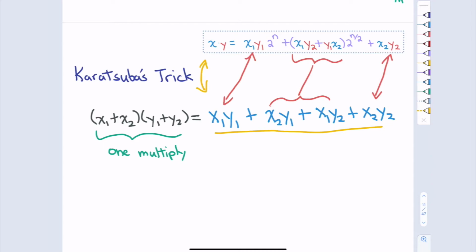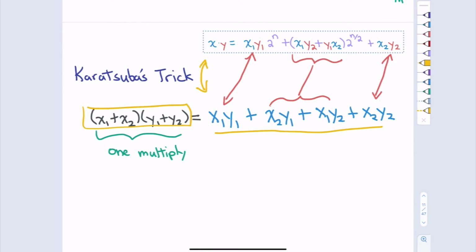I guess you could add before you multiply, like add x1 to x2. Yes, you have plenty of time to add these together. That's only linear time, and we're fighting n squared, so it's pretty safe.